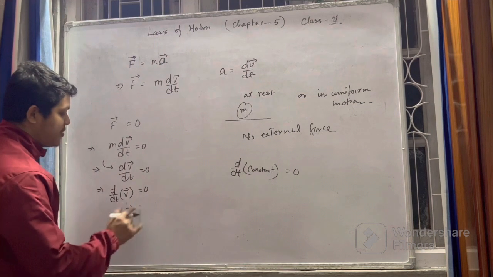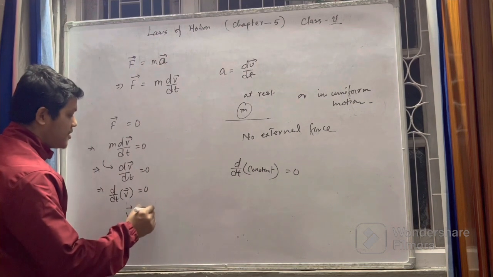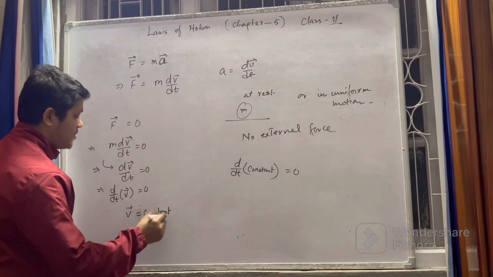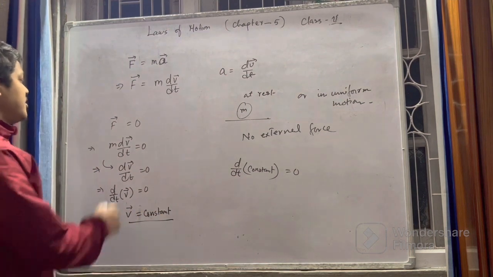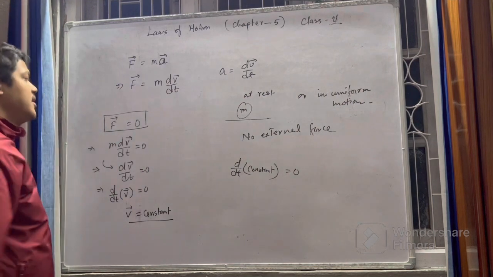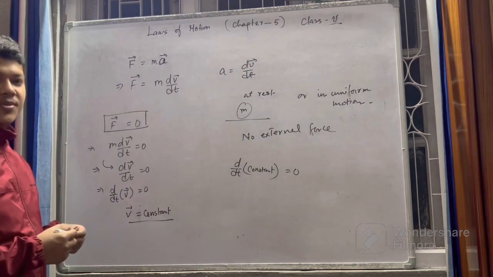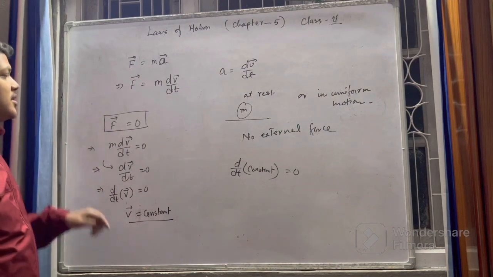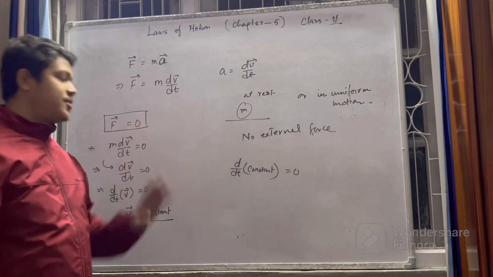That velocity is constant. That means it is not changing. Why is it not changing? Because here we have taken force equal to 0. The external force is 0. That means we are not applying any force.